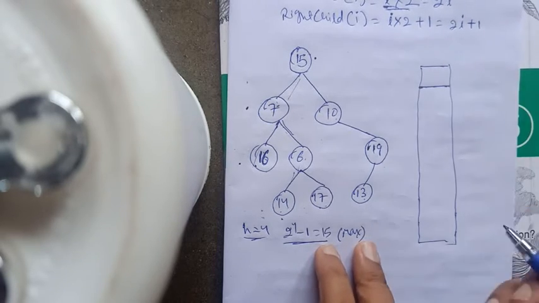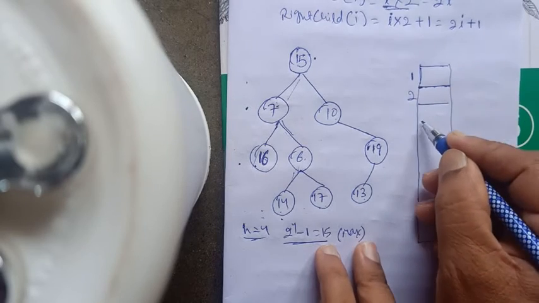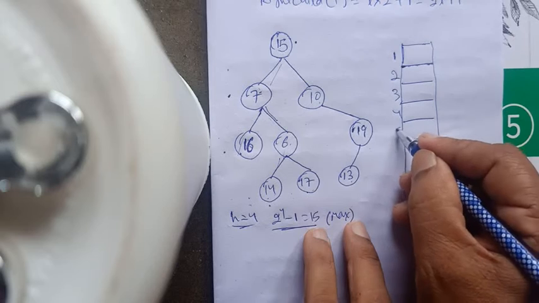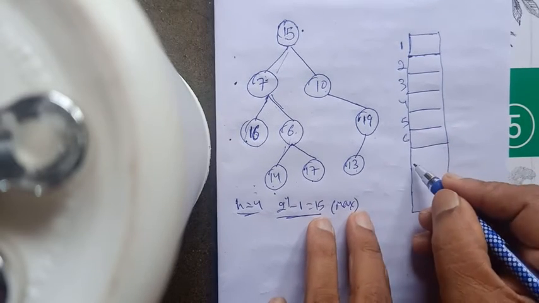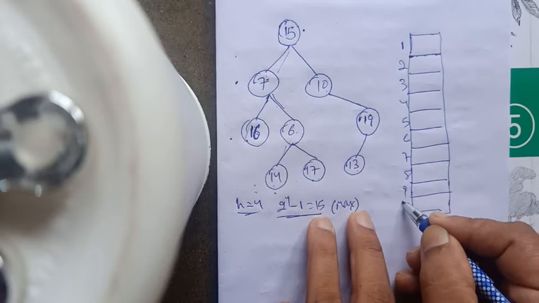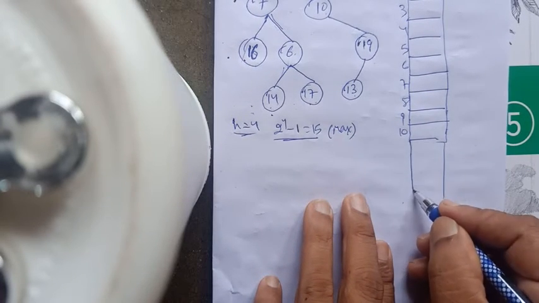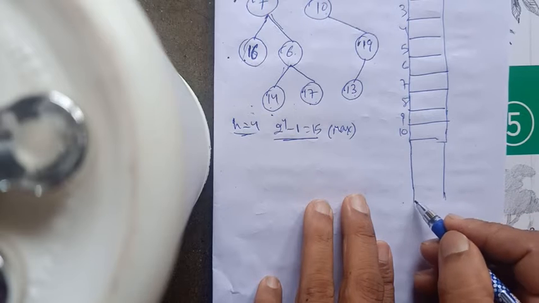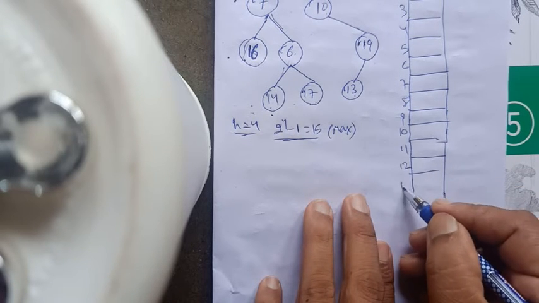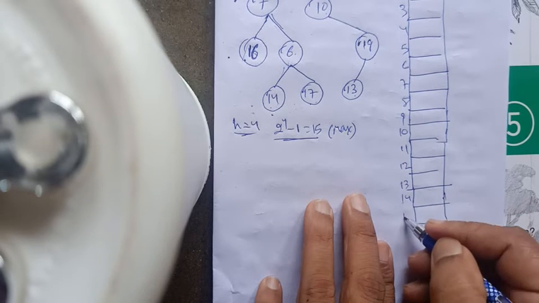This is the first cell, its index is 1, then 2, 3, 4, 5, 6, 7, 8, 9, 10, 11, 12, 13, 14, and 15.